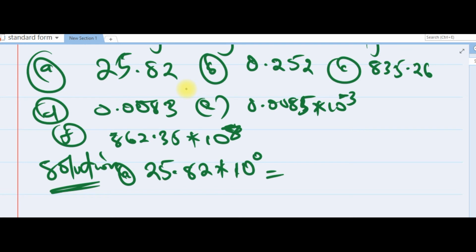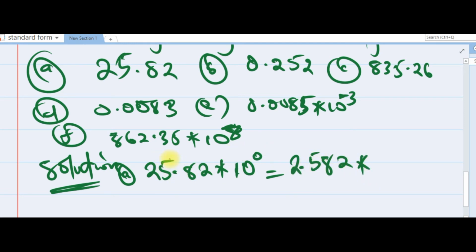So what we have to do is move the decimal point backward. Whenever you move the decimal backward, you add, depending on the number of places you've moved.